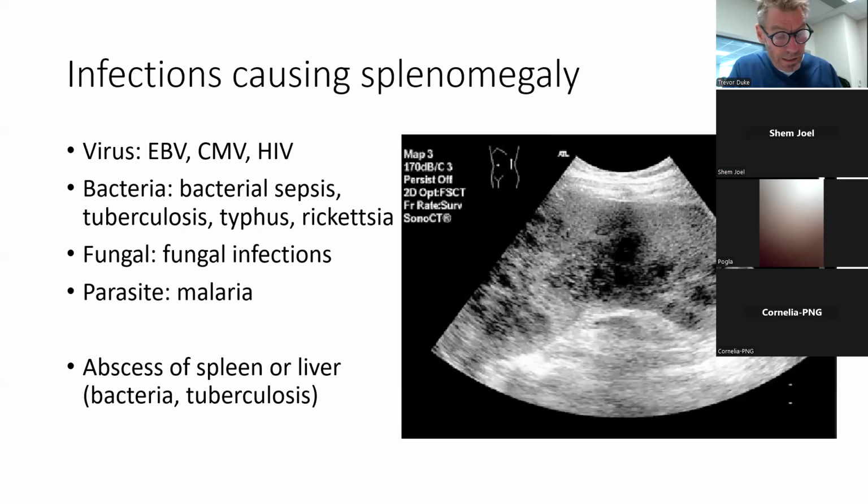Besides malaria, there are many other infections that can cause splenomegaly, and often we ascribe splenomegaly and hypersplenism mostly to malaria, but you can see splenomegaly with other infections, especially Epstein-Barr virus. That's a classic cause of splenomegaly. Glandular fever. Most adolescents have an enlarged spleen.